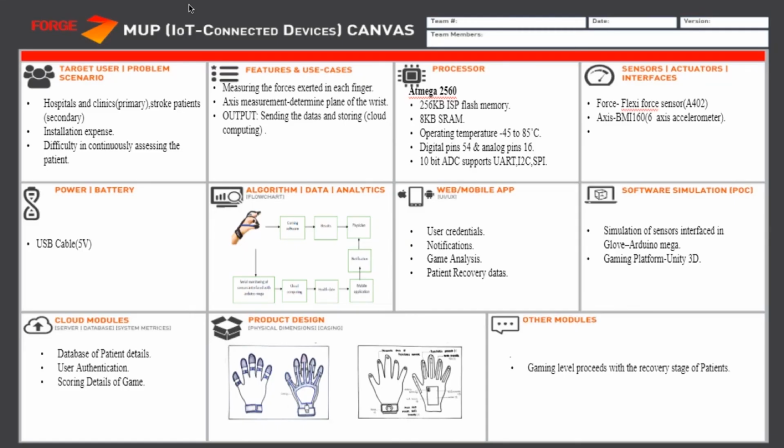In our case study, for the pitch that you saw from Team Pratikara, the MUP canvas of an IoT connected devices was used to help them list features and functionalities based on the three parameters that we just discussed. In this canvas, it gives a complete overview or plan for the prototype to be built.